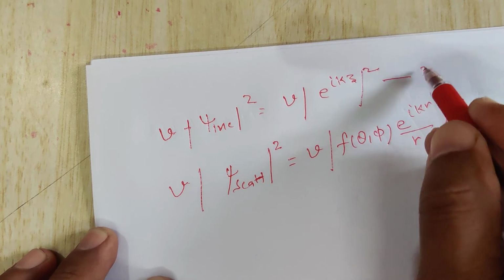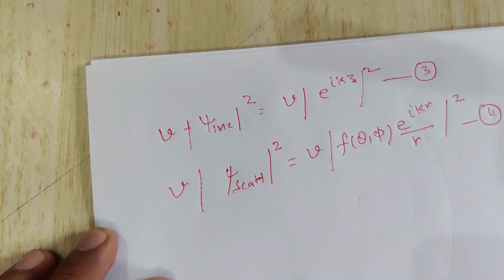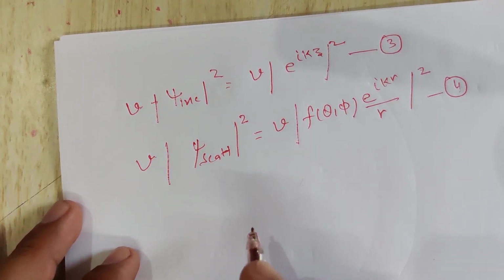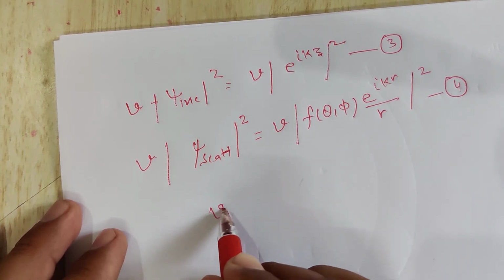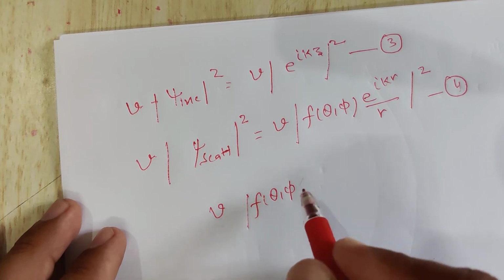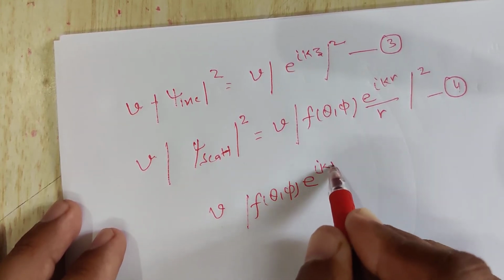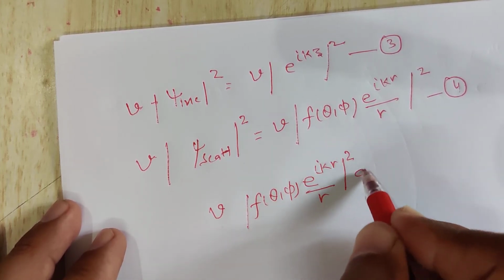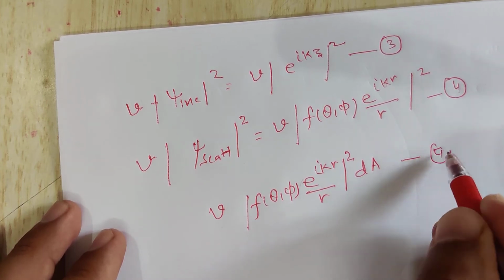Now this is equation 3 and this is equation 4. The number of scattered particles crossing the area dA per second is given by V |f theta phi exponential iota kr upon r| square dA. This is equation number 5.